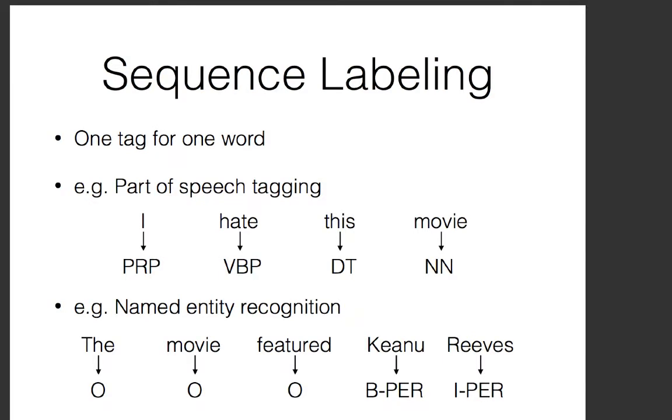And when we label spans of things, like for example for named entity recognition, it's very common to reduce the problem of labeling spans, like Keanu Reeves, into a beginning and in tag or an O tag. So what this means is here we have a person starting at this word and it continues until we get another B tag or an O tag. So even if you want to predict something like a span, you can still treat this as a sequence labeling problem, and this is very common to do.